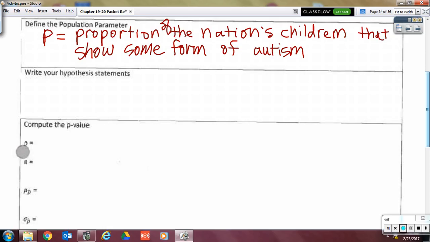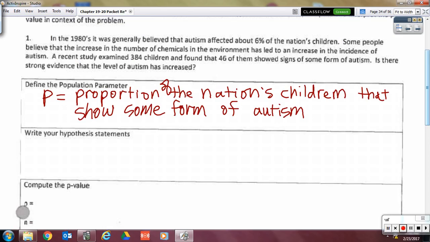So now, null hypothesis wise, back in the 1980s, it was generally believed that that proportion was how much? 0.06. Very good, 6%. And so I would just write that as 0.06.